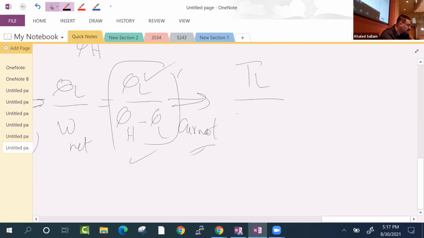TL over TH minus TL. So this is the efficiency of a Carnot refrigeration cycle. That is the best COP that you can expect. That's your benchmark. If you get closer to this, you did an amazing job. If you are far away from this, then there is room to improve. Make sense? Right?